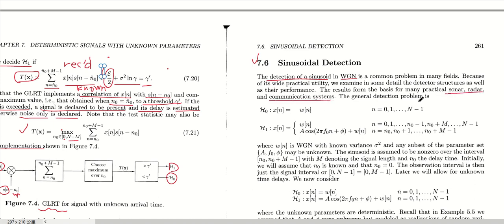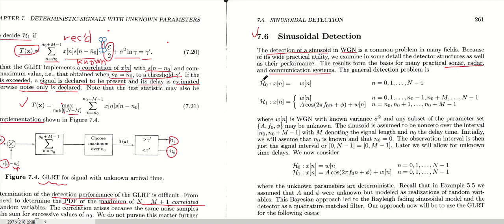The general detection problem is H0: x[n] equals w[n], that is a noise-only signal.